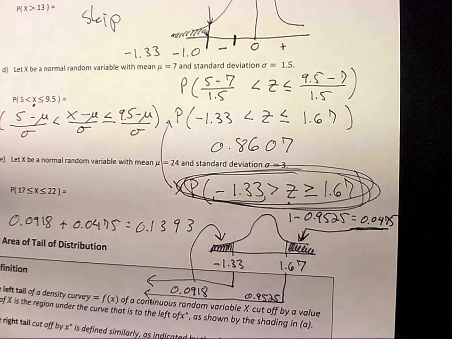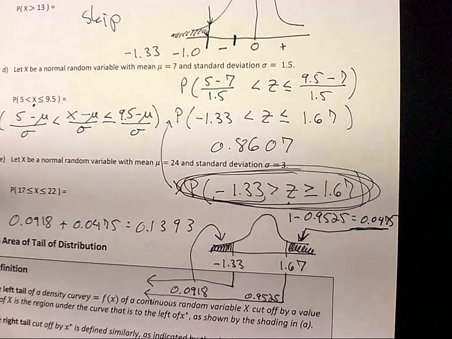Technically speaking, what we always want to do is write it from left to right, smallest to largest, right? So here what we're doing is we're going from largest is less than z, which is less than negative 1.33. If you just take out this portion right here, you're kind of reading it as negative 1.33 is greater than 1.67, and that's technically not correct, right?